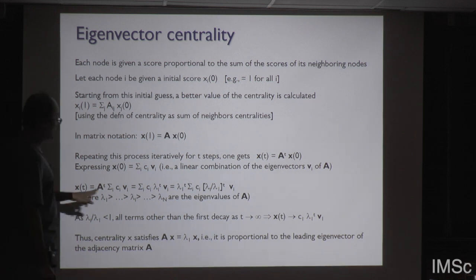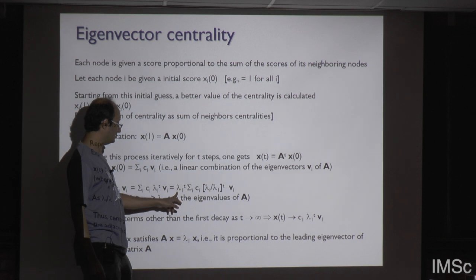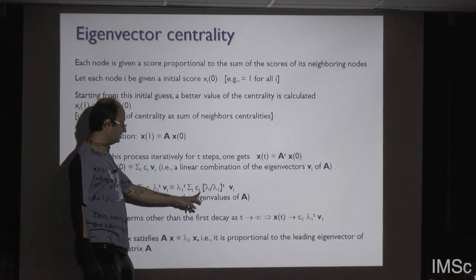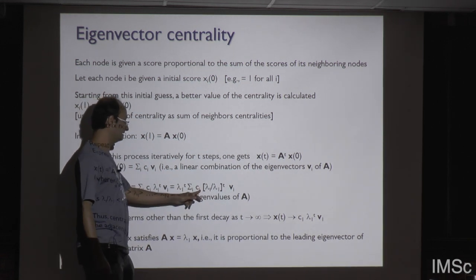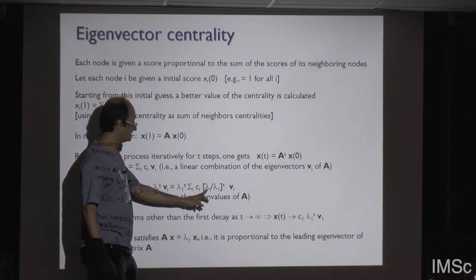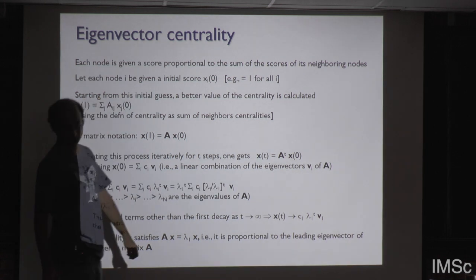So I take lambda 1, which is the largest eigenvalue, outside, and I get lambda 1 raised to t, summation over i, the linear expression factors times the ratio of all the other eigenvalues to the largest eigenvalue raised to t, Vi.